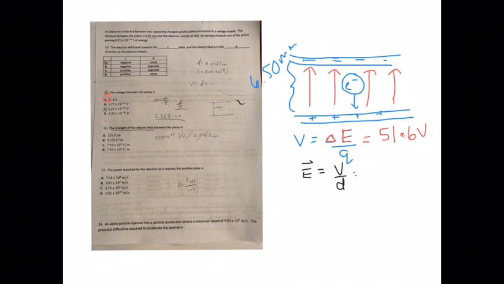So my 51.6 volts divided by my distance of 6.5 times 10 to the negative 3 meters is 7,933, so 7.93 times 10 to the 3.